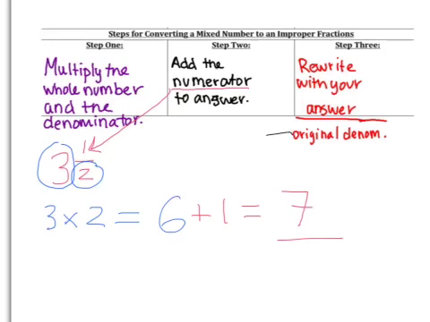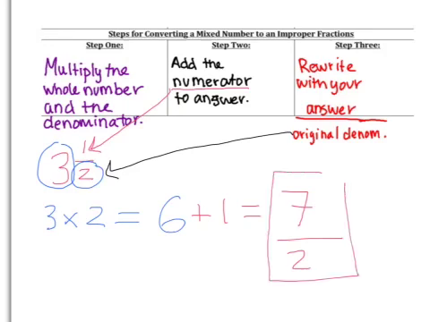My original denominator was a 2. So my final answer is 7/2. 7/2 is an equivalent fraction to 3 1/2. 7/2 is improper. 3 1/2 is a mixed number. So just remember those 3 steps and you'll be fine.